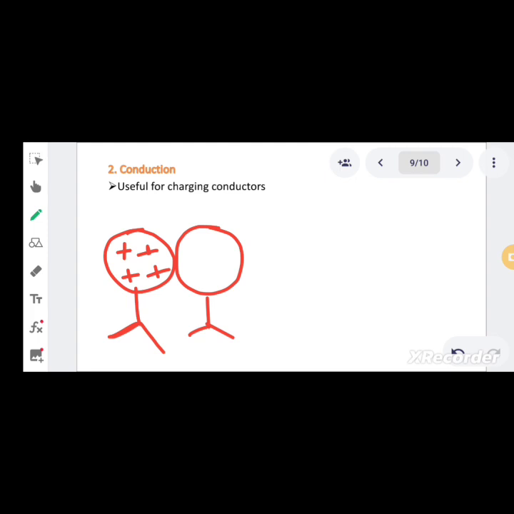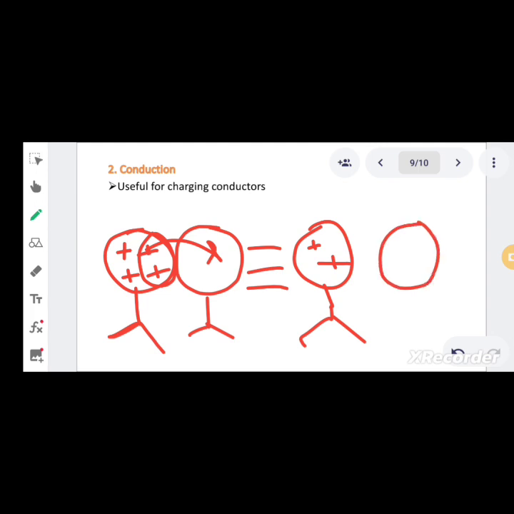When we touch them to each other, some of this positive charge will flow to the other body. So we will get 2 bodies with positive charge. Similarly, if it was a negative charge, some negative charges would flow to the other neutral body, making it negatively charged.